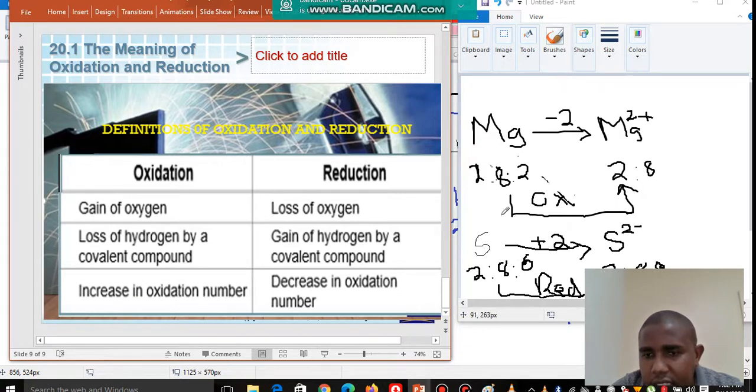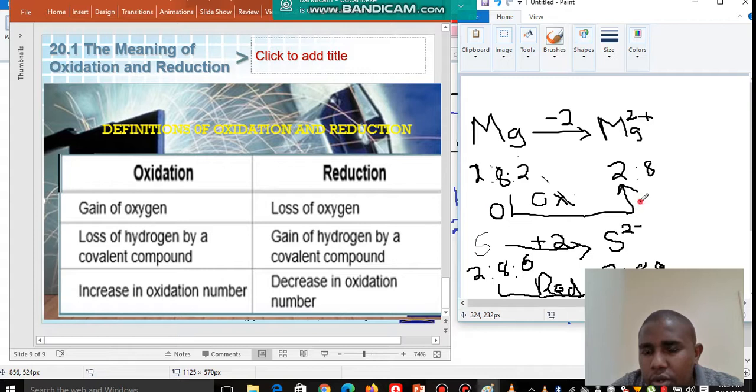As you can see, the increase in oxidation number from 0 to positive 2. When we talk of oxidation number, we are referring to the number of electrons that an element can lose or gain in forming its ion. So magnesium is capable of losing 2 electrons to form magnesium ion, while sulfur is capable of gaining 2 electrons to form sulfide ion.